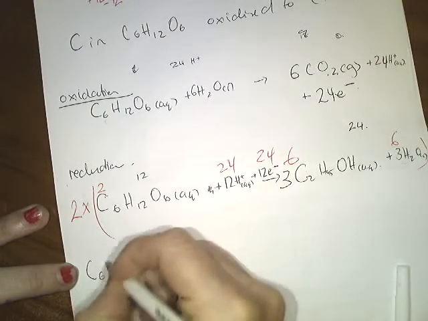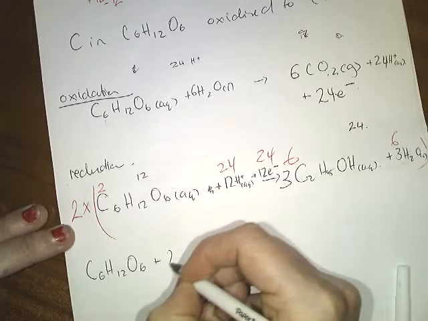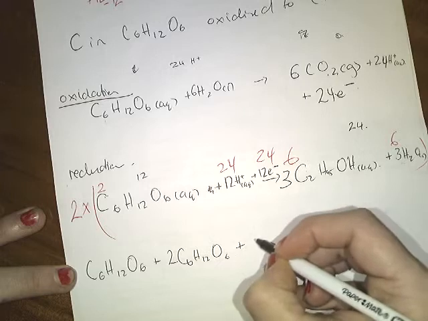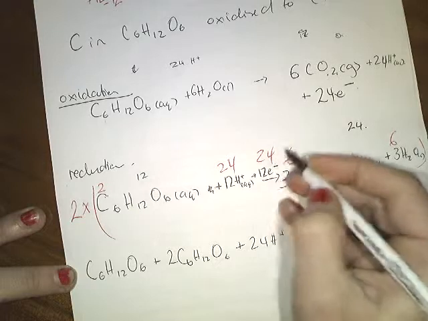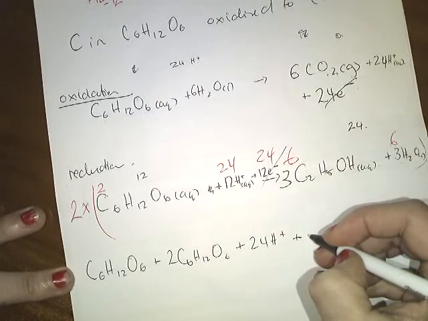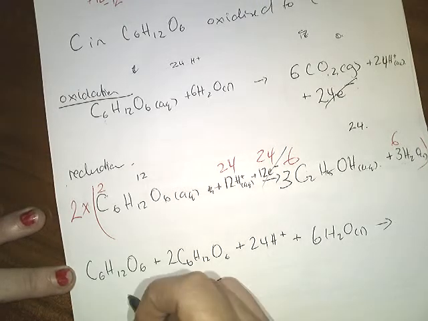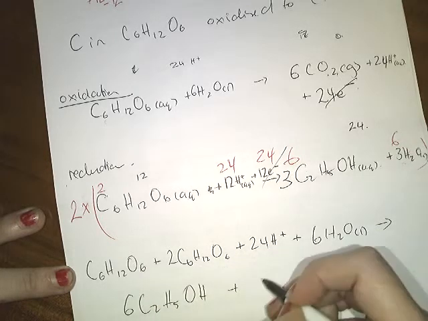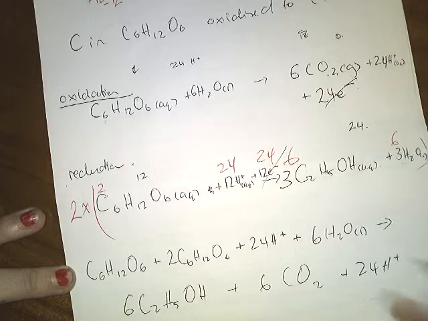So we add them together: C6H12O6 plus 2C6H12O6 plus 24H pluses plus, I'm going to just remove the electrons now, plus 6H2O produces 6C2H5OH plus 6CO2 plus 24H pluses and 6 waters.